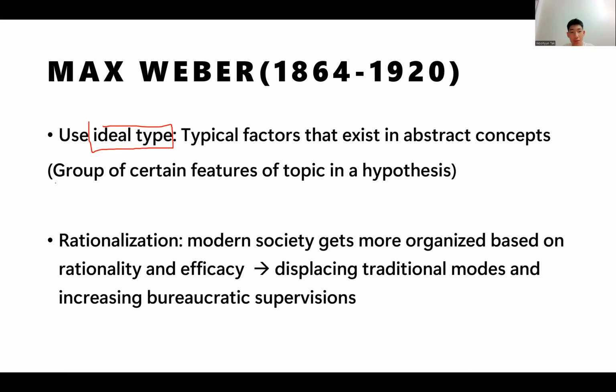Also, he claimed rationalization: as modern society gets more organized and more rational based on efficiency, because technology has developed and society is getting more complex, it displaces traditional cultures, but increases bureaucratic provisions. There will be more provisions and interventions in human society.